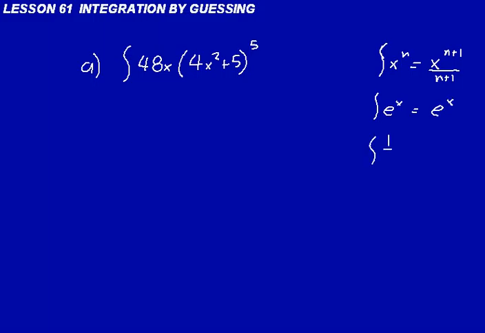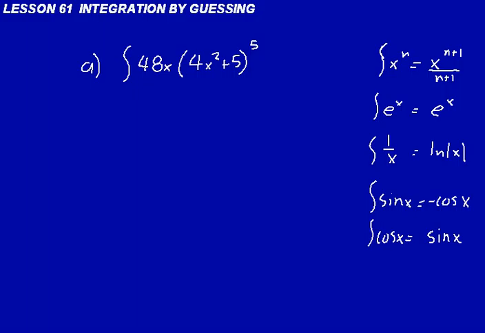The integral of 1 over x is equal to natural log absolute value of x. The integral of sine x is just equal to minus cosine x. And the integral of cosine x is equal to sine x. Use these basic integrals to help you make good educated guesses to evaluate these integrals.